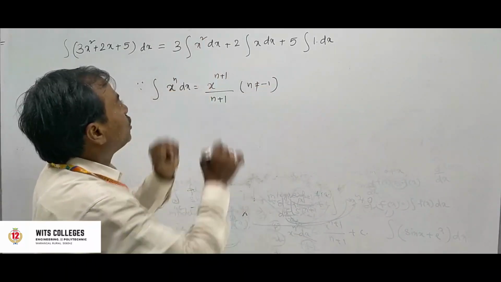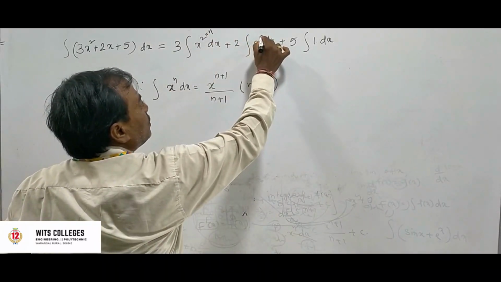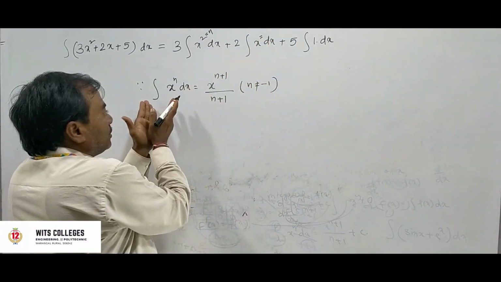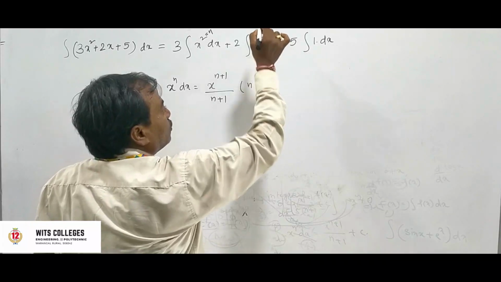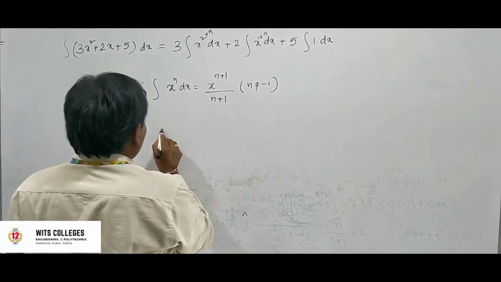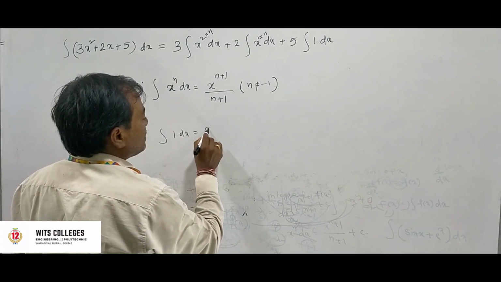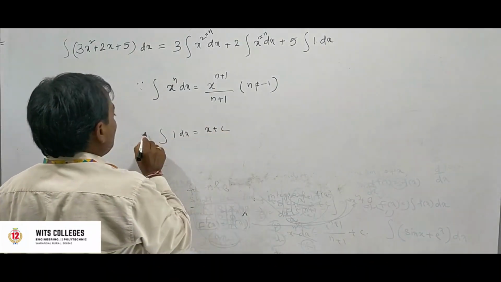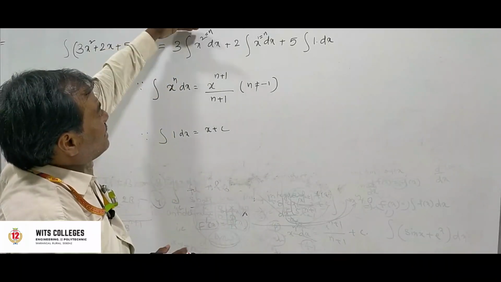Here n equal to 2. This is also similar for x to the power of 1, where n equal to 1, and we know that integral 1 dx equals x plus c. We use both these formulas for finding these integral values.